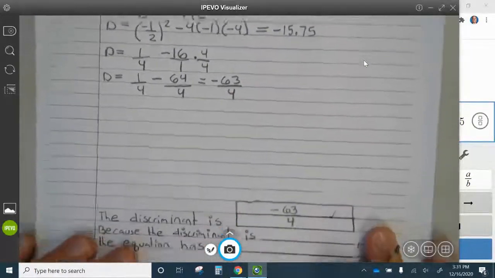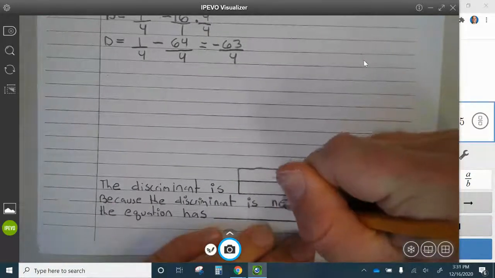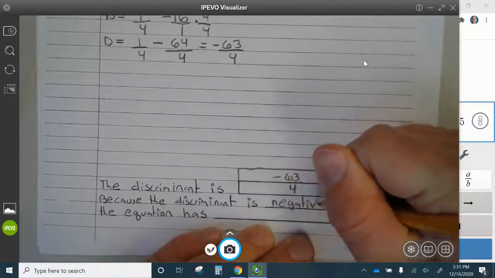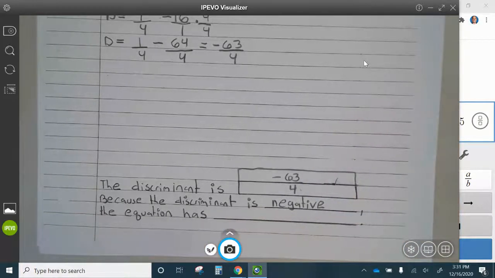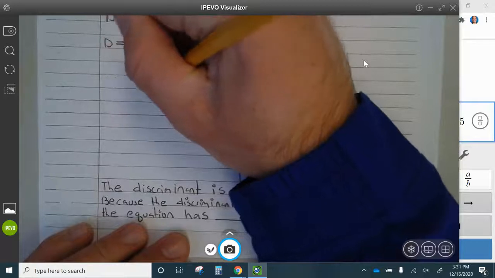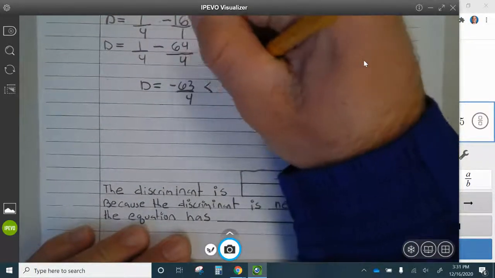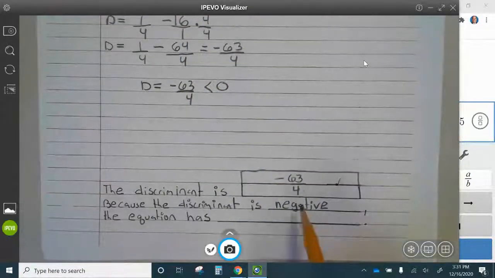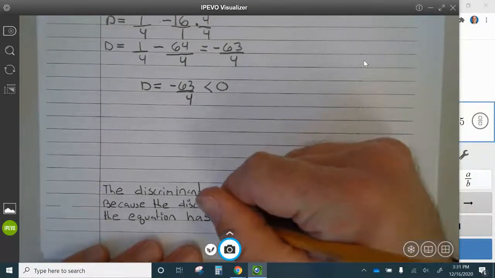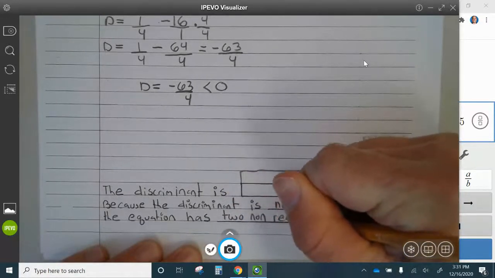Okay, so the discriminant equals negative 63 divided by 4, which is less than 0. Since it's negative, we know there are 2 non-real solutions.